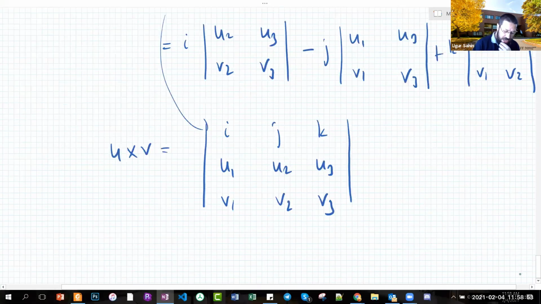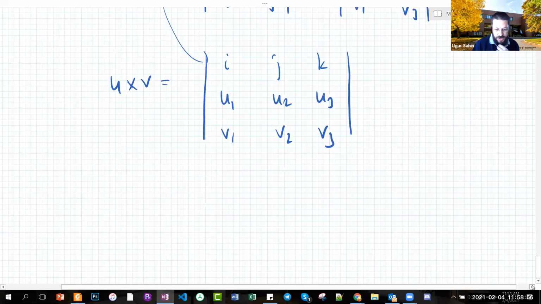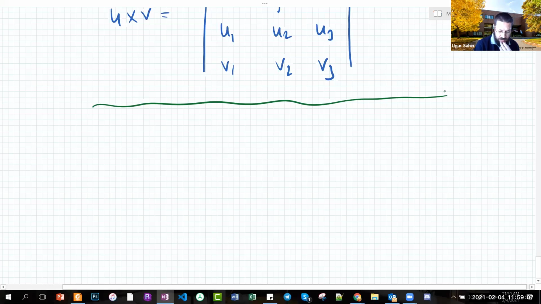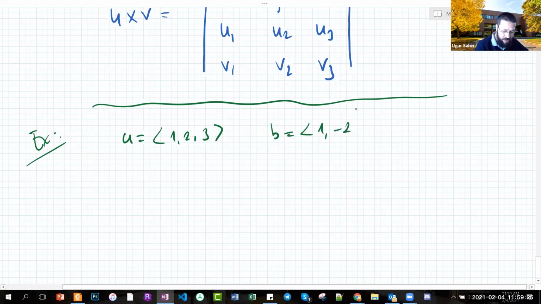All right. Now we are ready to solve more problems, guys. As an example, since we just did one example, I want you to solve one more using the determinant. Can you please multiply these two vectors using the determinant form? And then let's see how you got it.